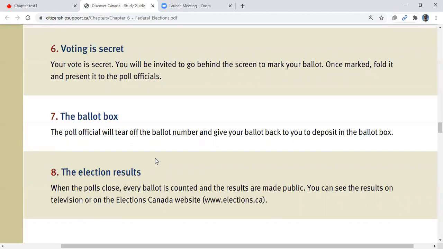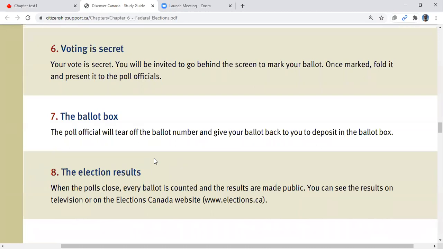It's very quick, and then they tell it on television and radio and newspapers and on the Elections Canada website. So it's a very easy thing to do, and it's very, very important because we need everybody to help us pick the good leaders for our country.